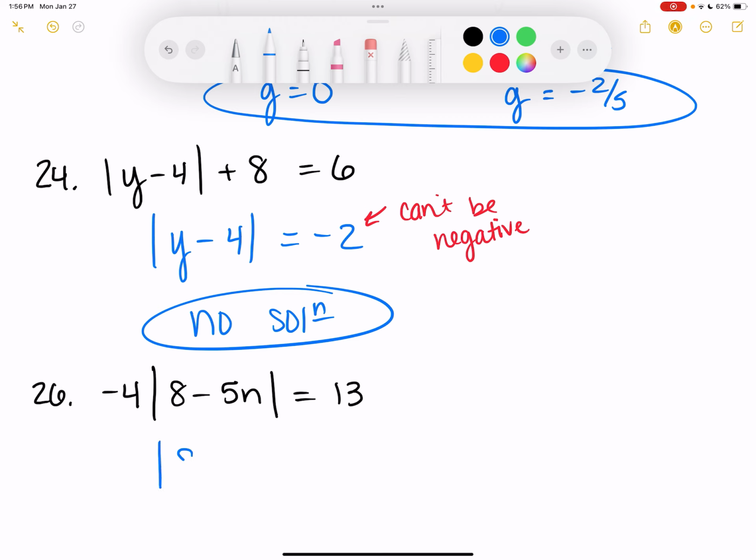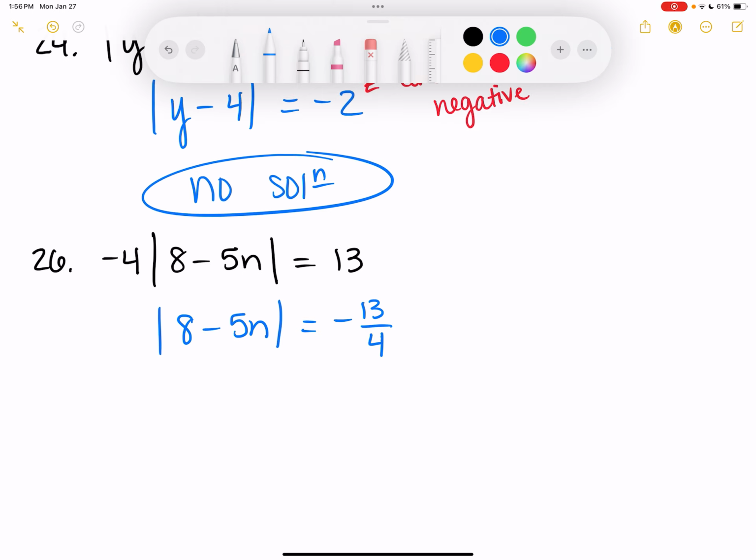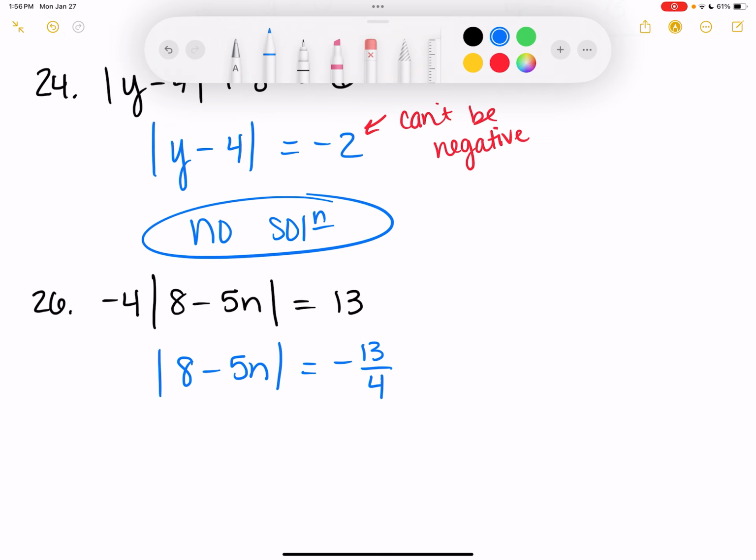So I get the absolute value of 8 minus 5n equals negative 13 over 4. What now? That's no solution, guys. No solution. Why? Because it can't be negative. I know it seems repetitive now, but on the quiz you'll be glad. Easy section, you like.